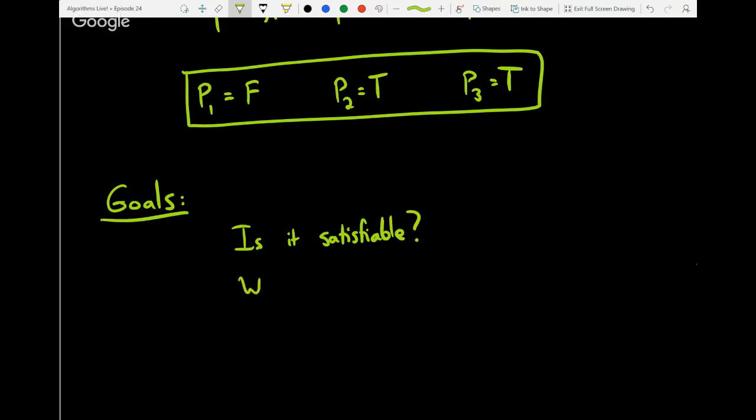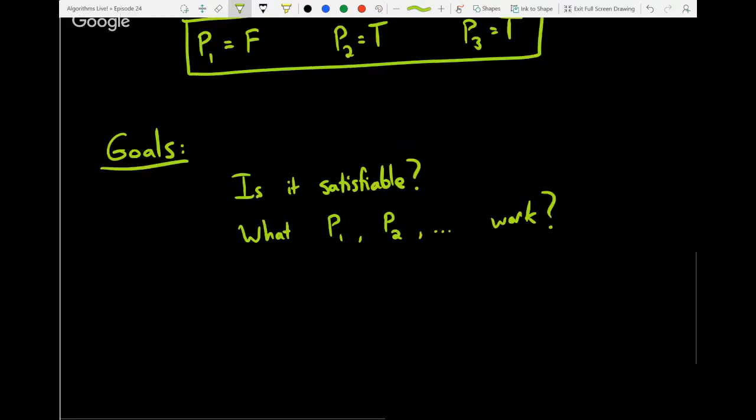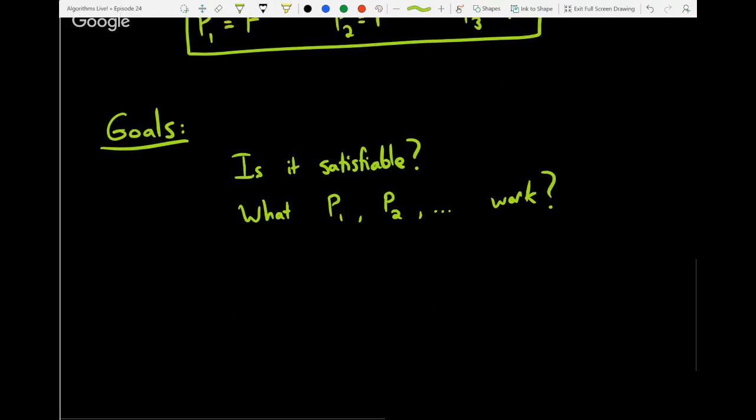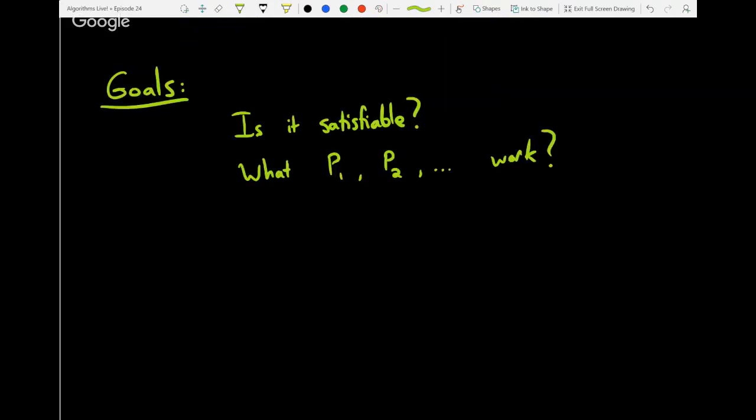And if we know the answer, what are the values for P1, P2, P3, or so on? So what values work to make it satisfiable? So that's kind of like a constructive problem. Sometimes you'll even want the lexicographically first solution for the satisfiability. But usually it's one of these things where you just pick a truth value, you run the whole 2-SAT instance, and then see if it worked or not worked, and use 2-SAT as an oracle.